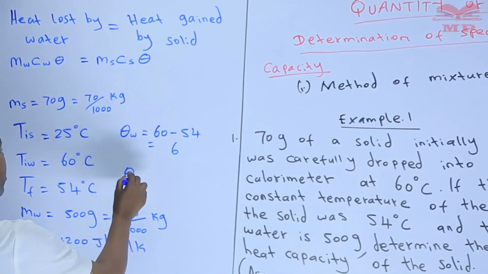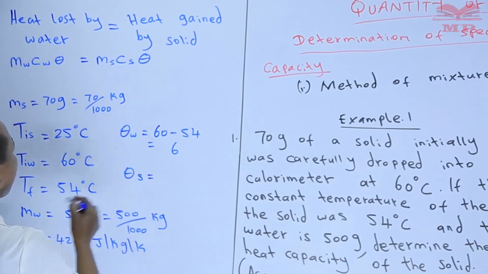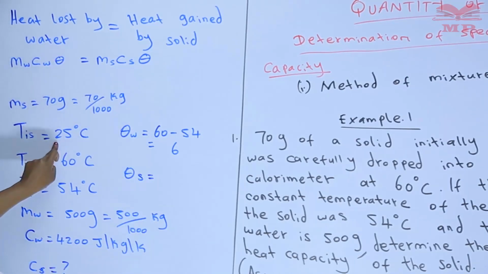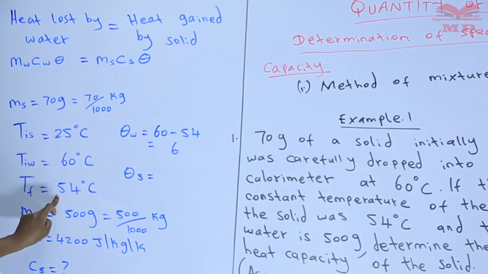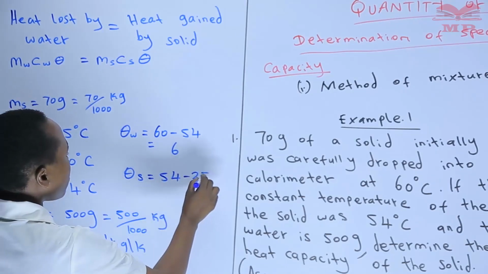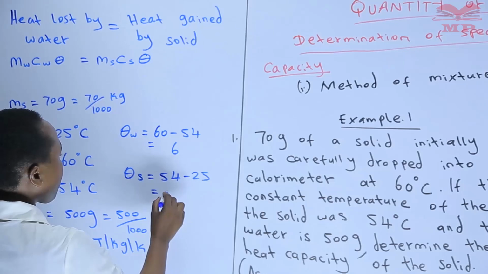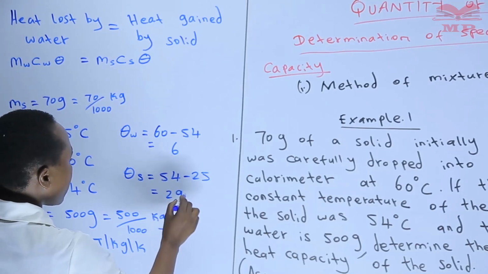Then we also need to get the change in temperature for our solid. Initially, the solid is at 25 degrees Celsius and the final temperature is 54. So we have 54 minus 25. So what do we end up getting? We end up getting 29.